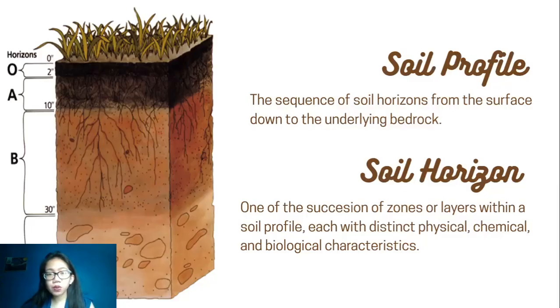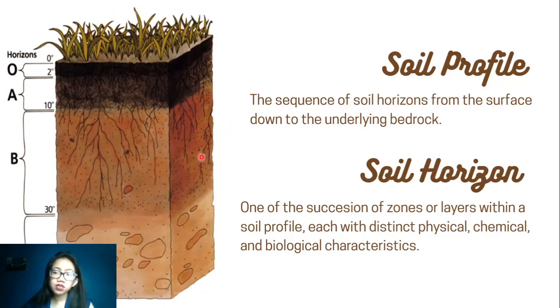Okay, so I have mentioned soil depth in this slide. So this is what we are talking about when we are discussing soil depth. So soil profile is the sequence of soil horizons from the surface down to the underlying bedrock. So soil profile is all of this. Let's find the marker. Yeah, all of this.